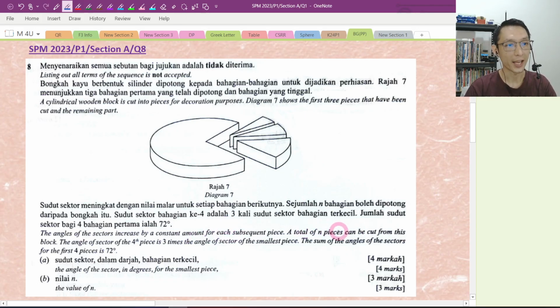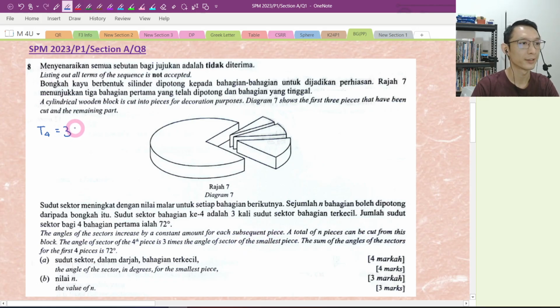A total of n pieces can be cut from this block. The angle of sector of the fourth piece is 3 times the angle of sector of the smallest piece. Okay. T4 is 3 times the angle of sectors of the smallest piece, which is the first piece, T1.